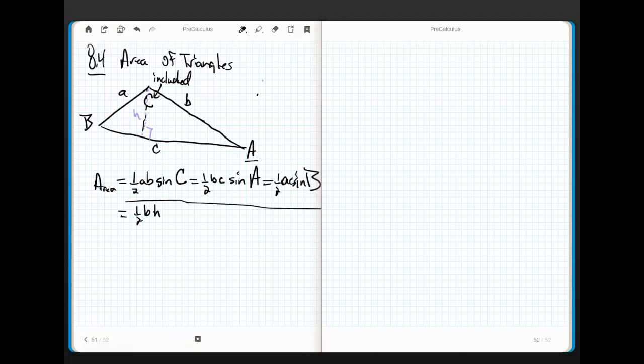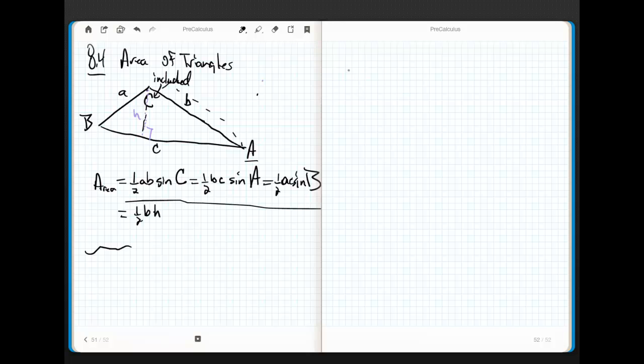The height for this one gets a little trickier because I have to come in at some weird angles to build it, but it's still easily drawn. And we already did this. Remember how we divided through by 1/2 ABC, and it gave us our law of sines. I'm not going to make you grind through that again.